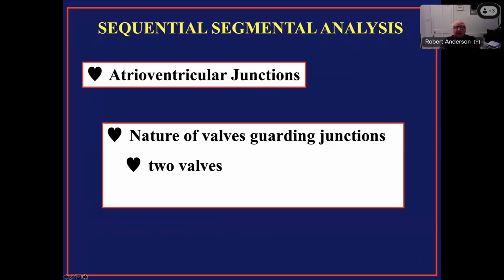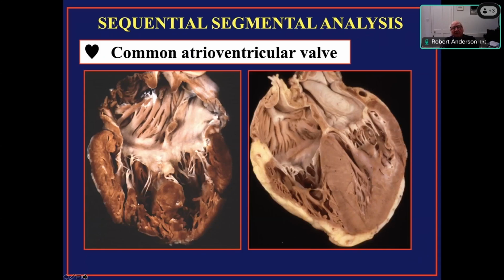But before we leave the atrioventricular junction, let me emphasize the importance of the valvar morphology. Because compare the situation where we have two valves as opposed to a common valve. So to your left hand, you see a common atrioventricular valve. To your right hand, you see the situation where we have two atrioventricular valves.